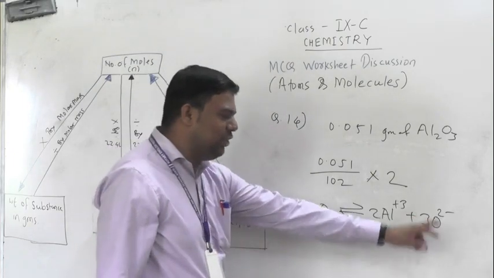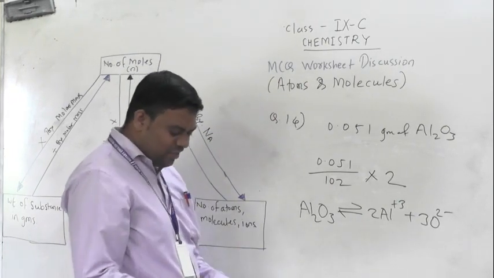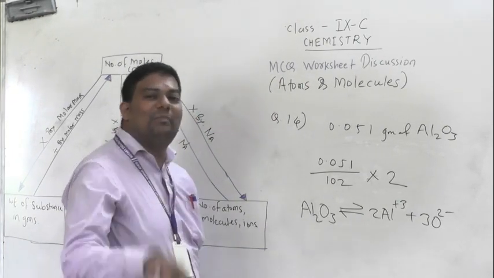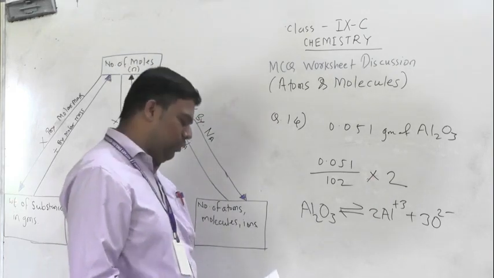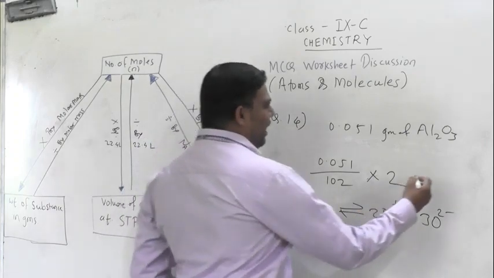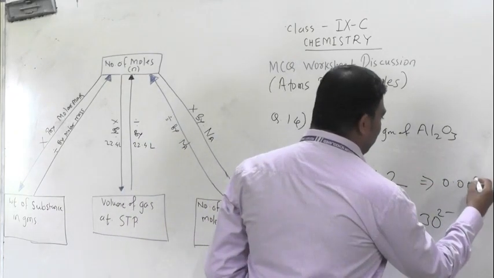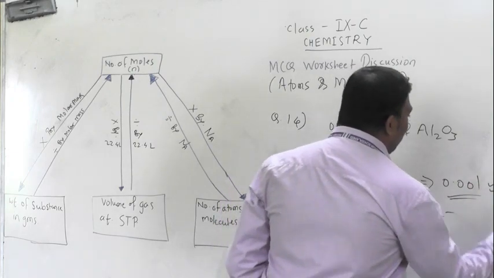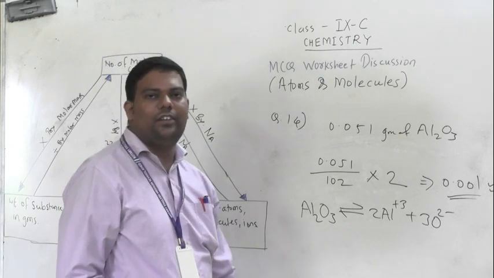Okay, so they want the number of grams of aluminum ions. So how much is it here? 2. That's why we multiply by 2. So what is your answer? You will get 0.001 as the final answer. We got option A, so you can calculate.